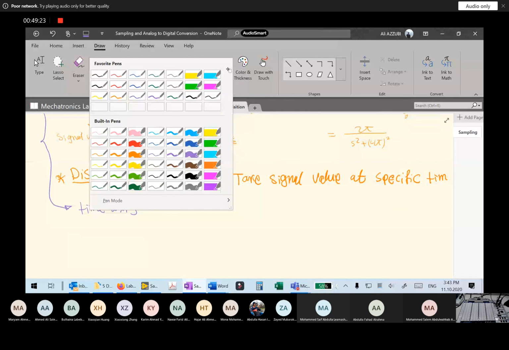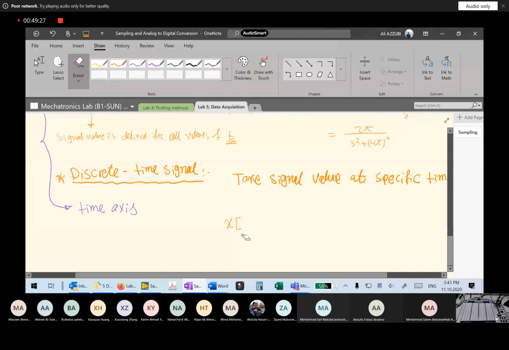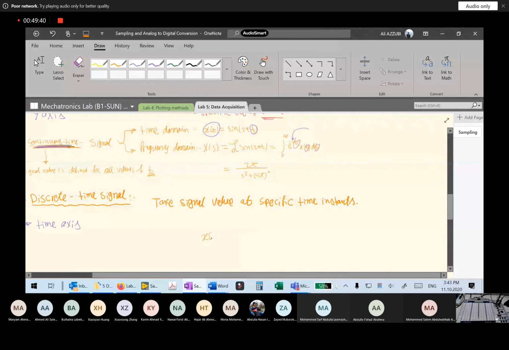Instead of having x of t, I will have x of nTs. What does this mean?